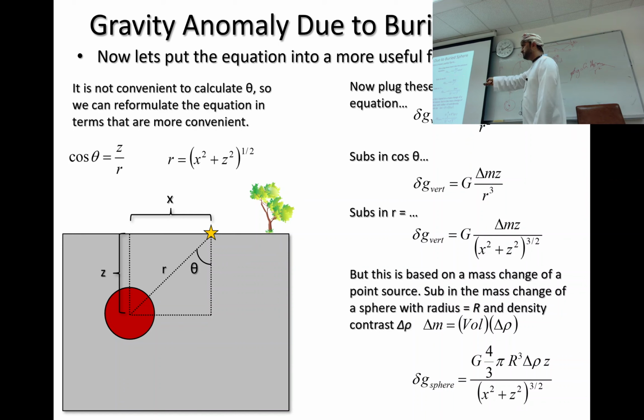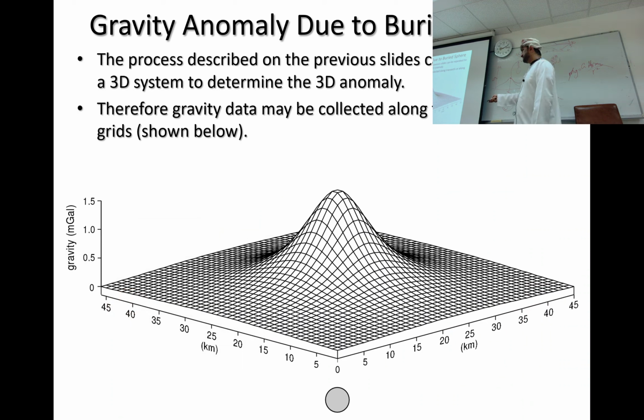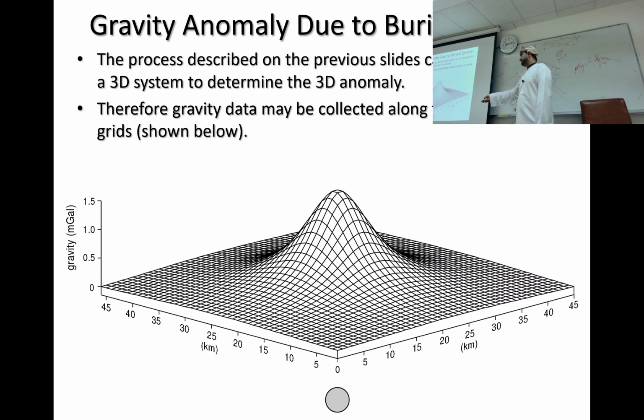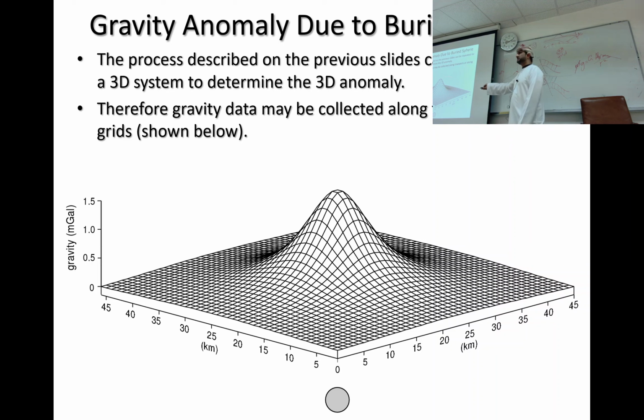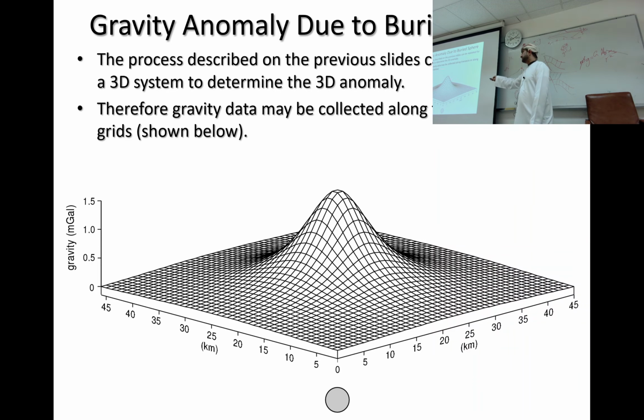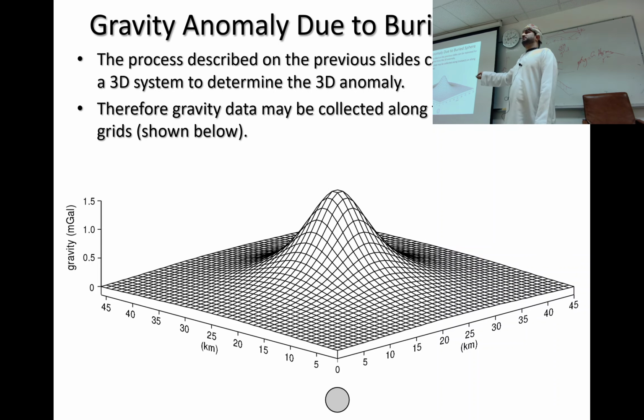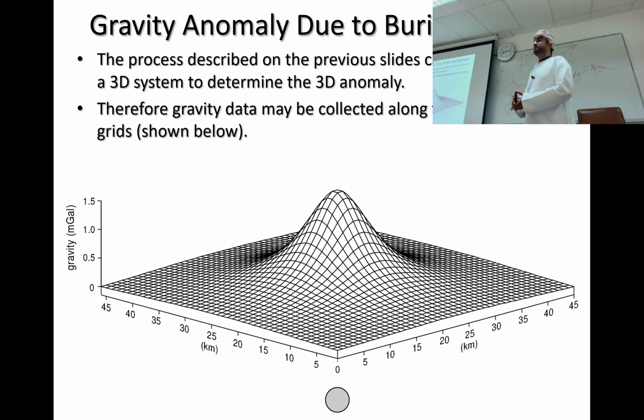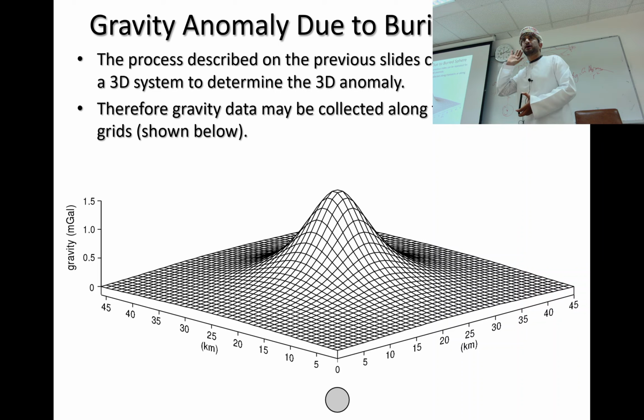This is a 2D measurement. I'm taking a 2D line. If I take measurements in 3D, that's the same sphere. Let's assume that it's the same sphere. In a 3D sense, I get some shape like that, the data shape. What do I call this feature in geophysics in general? Anomaly. That's an anomaly.